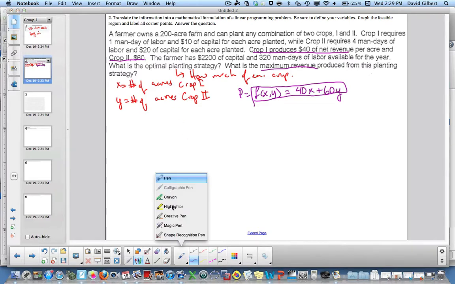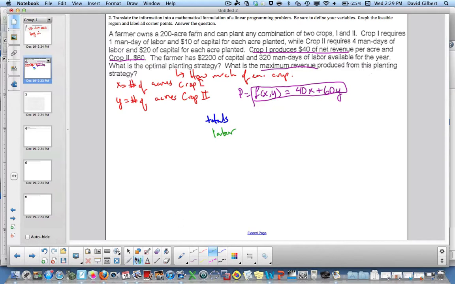One constraint would be the labor. So remember, when making your system, you look for totals. First of all, just think of equaling the totals, then you can worry about whether it needs to be more or less. So one of our totals is going to be labor.